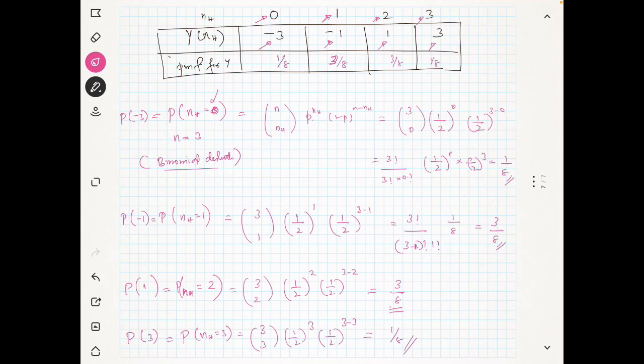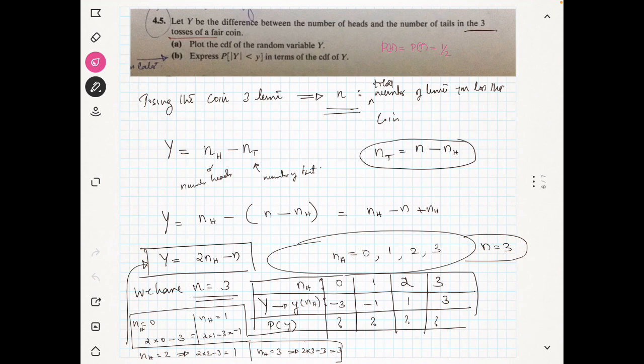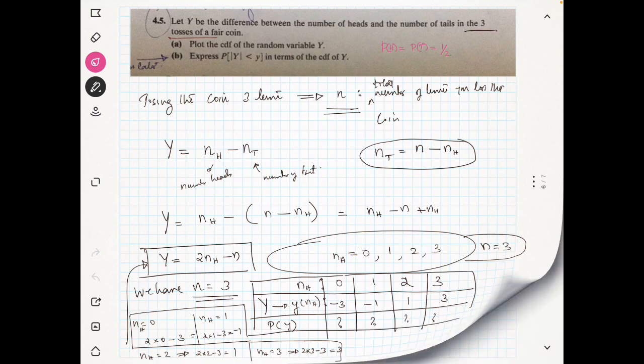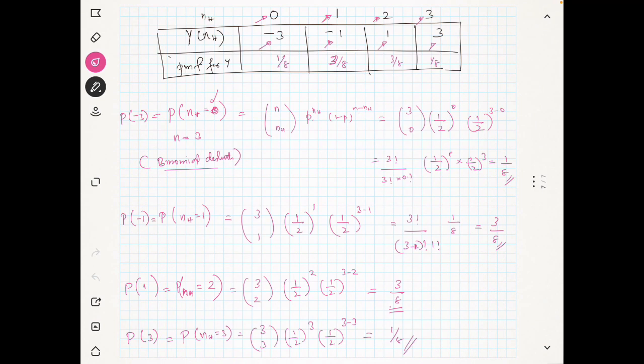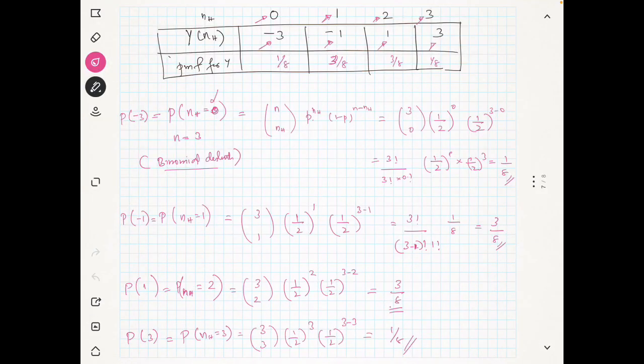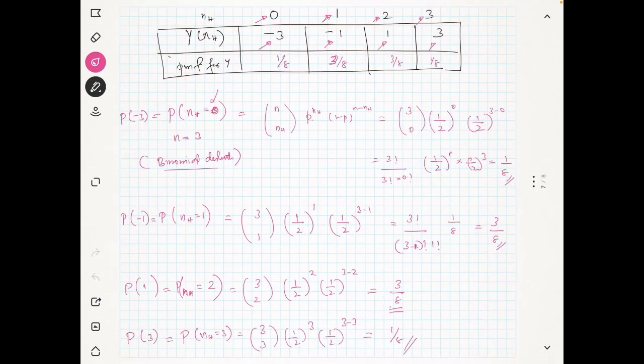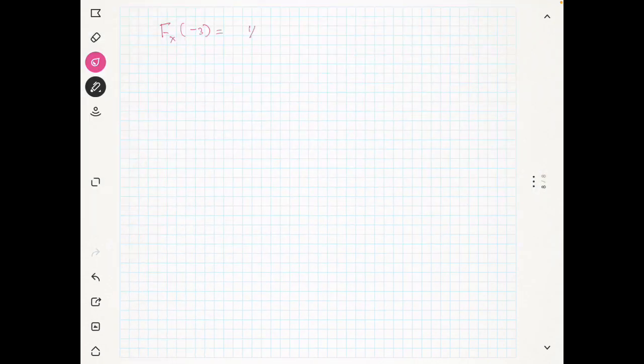The first part is not over anyway. You have to plot the cumulative distribution function. We have the values minus 3, minus 1, 1 and 3 for the random variable. So F of minus 3 is just the probability, 1 by 8.